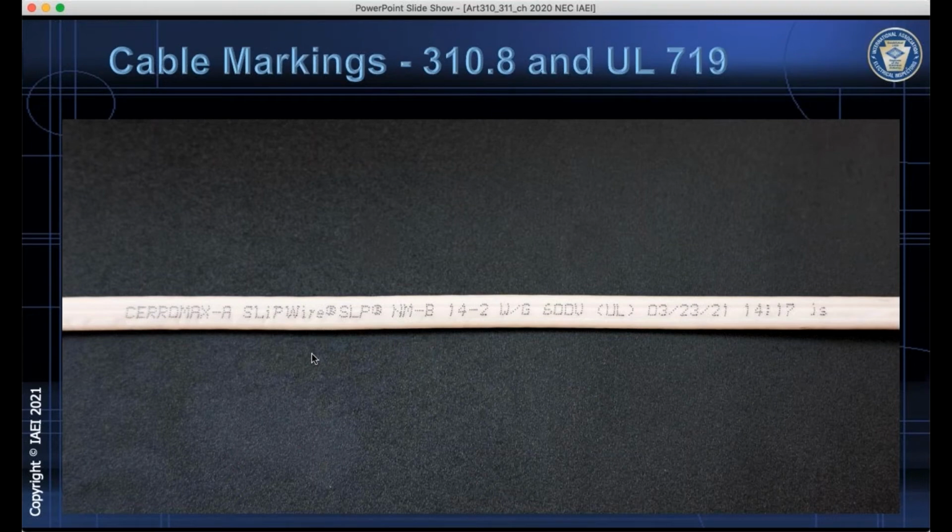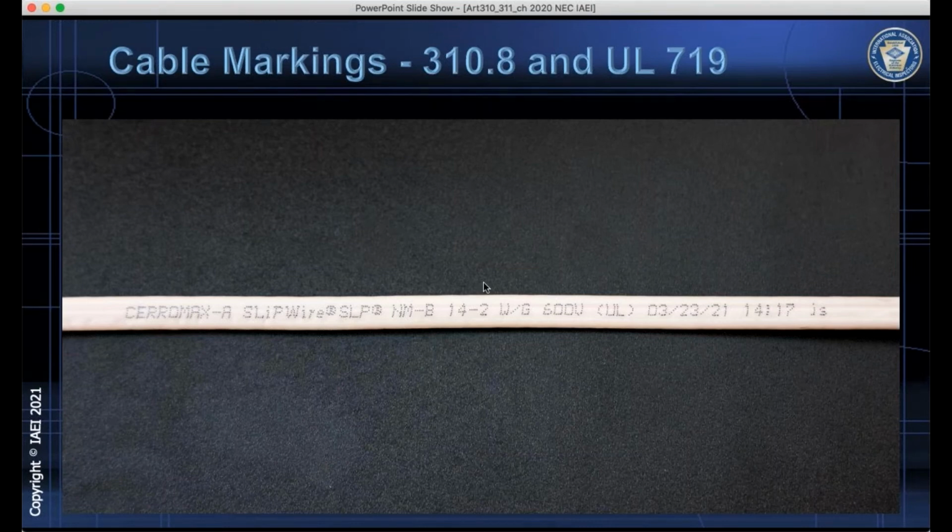You might see some other information like trademarks, but you'll always see what kind of conductor or cable it is. In this case, NM means non-metallic sheathed cable. The -B is added to indicate that the conductor insulation that is around the conductors inside the cable is a 90-degree C insulation.